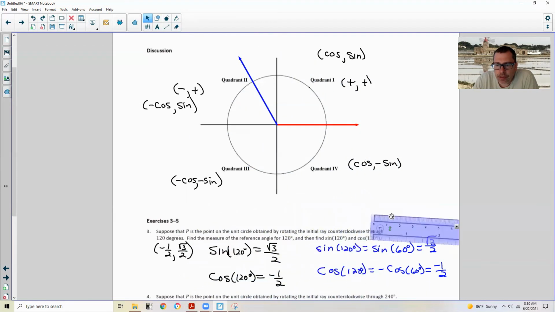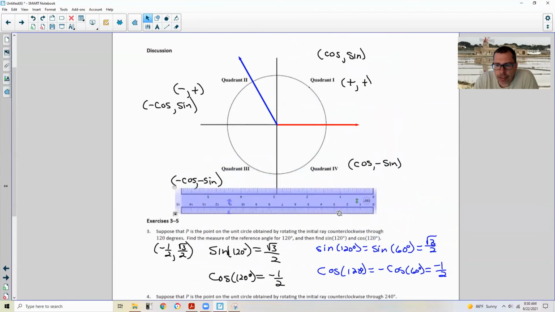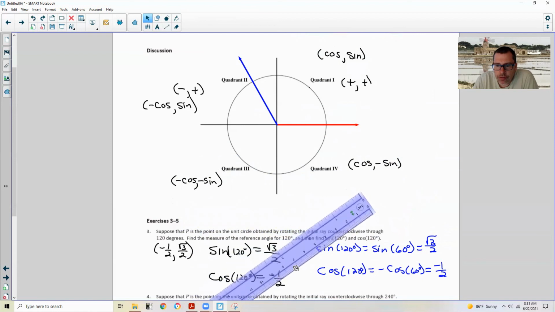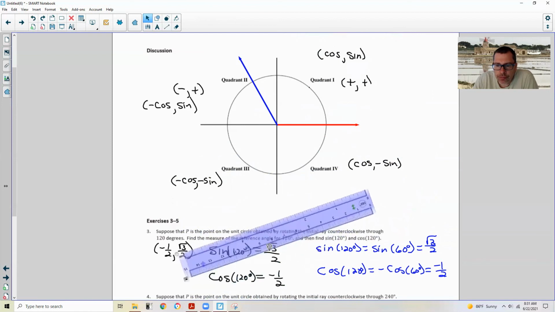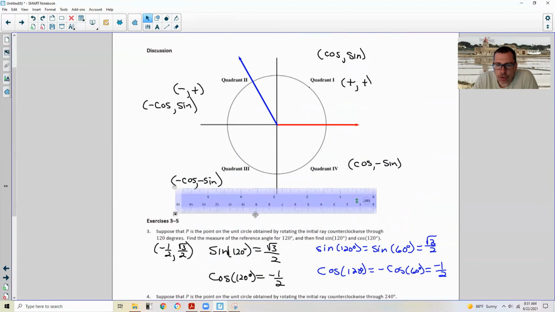Okay, here's 0, there's 90, 180. Okay, 240 is 60 degrees beyond 180. Notice how this is decreasing. So if I want to rotate around 240 degrees, it's over here somewhere.